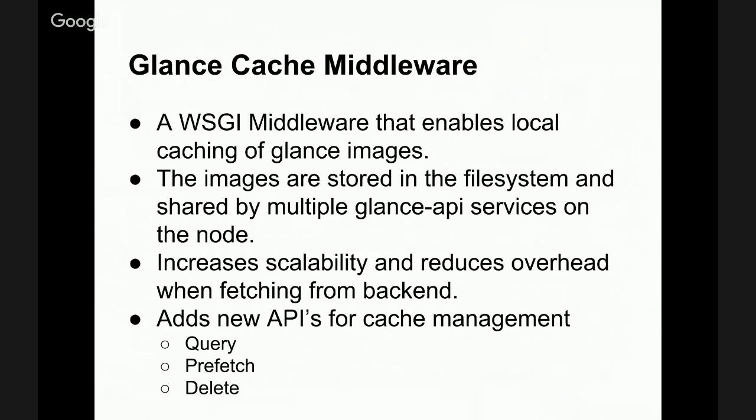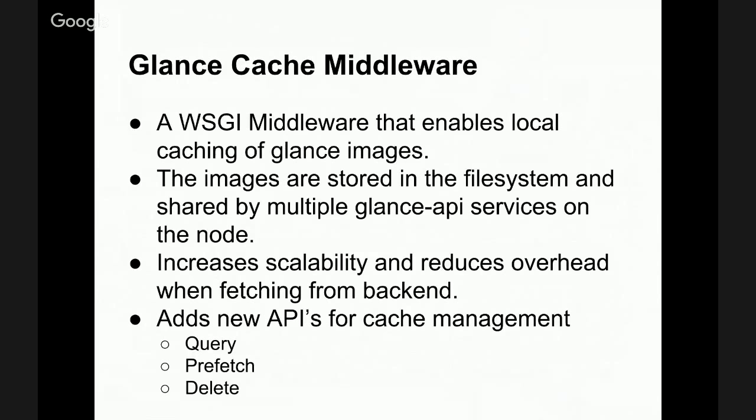And if an image is constantly being used, for example, if you release a new image today to your cloud, which is being used by all the tenants of your cloud, then if you have enabled caching, the same file is served by the Glance API services on that specific node, and it will improve the efficiency of downloading the image for the user. As I already said, it's a WSGI middleware, and it brings in a bunch of new APIs for effective cache management.